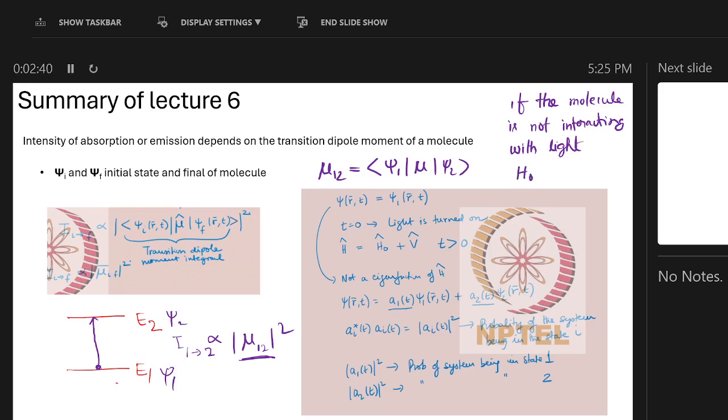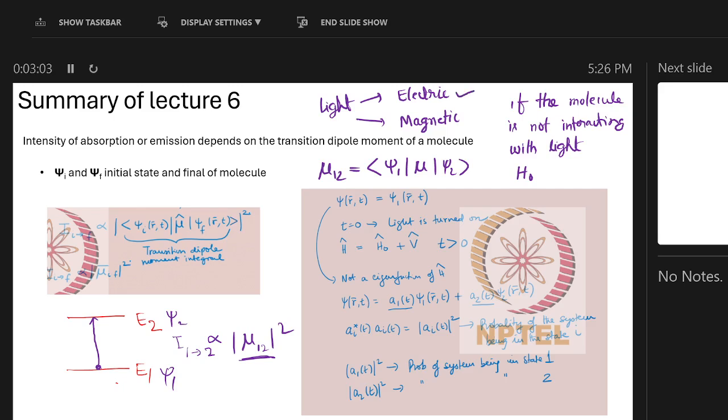But if we are passing some light, it has two components. One is electric, another one is magnetic. This one is more significant.